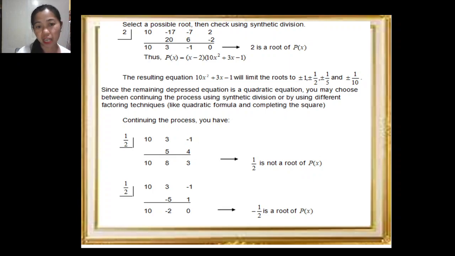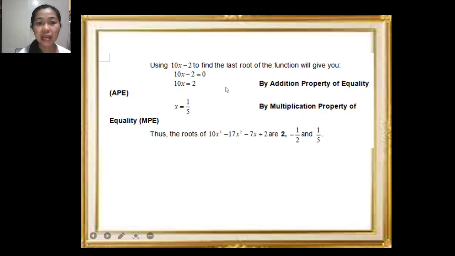So, ganun lang siya. Ibig sabihin, using the last row in the synthetic division, we have 10x minus 2. To find the last root of the function, 10x minus 2 is equal to 0. Ayun. So, 10x is equal to 2.